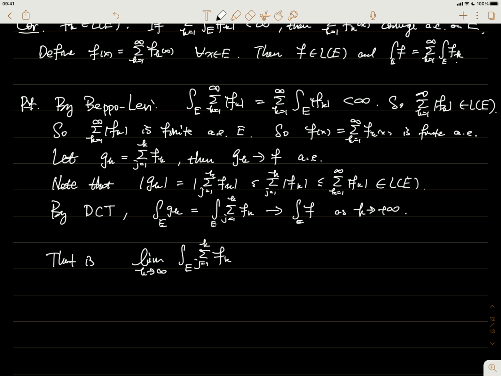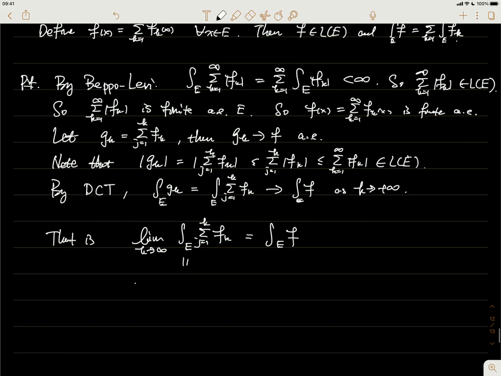But we showed that this is equal to the integral of f. But the left-hand side is actually equal to the limit where I can pull out the sum, because it's a finite sum. I can always pull it out of the integral of f_j, and then the limit of k applies to the upper bound of the sum.